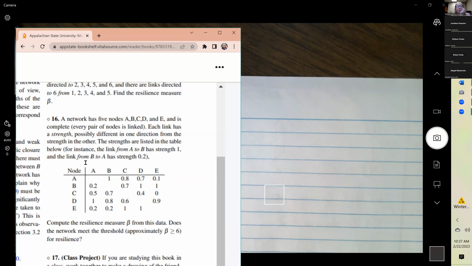The strength is listed in the table below. For instance, the link from A to B, so here A to B is 1. The link from B to A is 0.2. So going in goes this way, and you need to add across to get your ins and add down to get your outs.